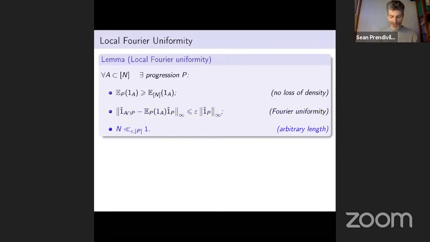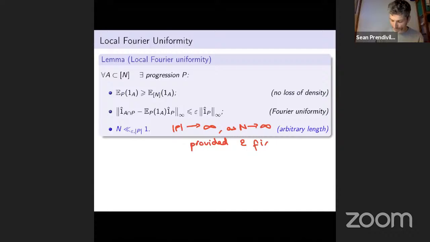And the last conclusion, I've sort of compacted down into some nice notation, and it's not transparent what that means at all. What I'm asserting here is that the length of my progression tends to infinity as the interval length tends to infinity, provided my uniformity parameter is fixed. Okay, and I've just compacted it down to some very unintelligible notation.